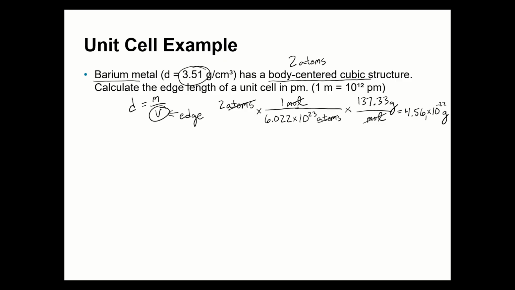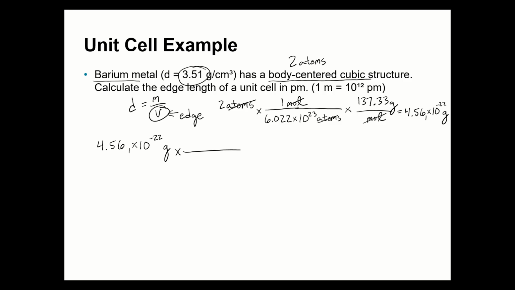Okay, now we have the mass and we have the density. We can use dimensional analysis to get those grams to cancel and find the volume. You can also solve the density equation if you prefer, but I like to take that mass, the 4.561 times 10 to the negative 22nd grams that we just calculated, and multiply that and decide whether I need to keep or flip that density.